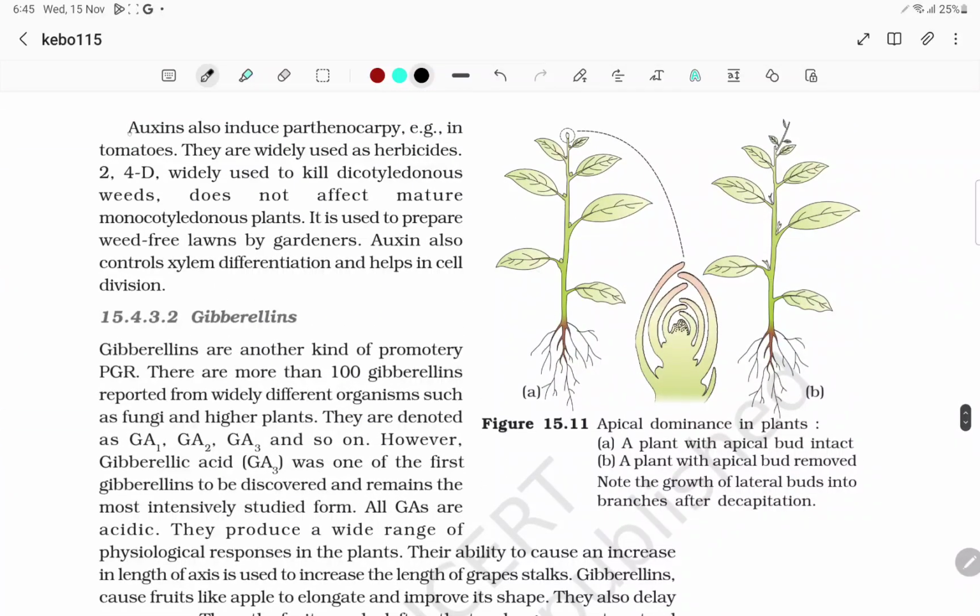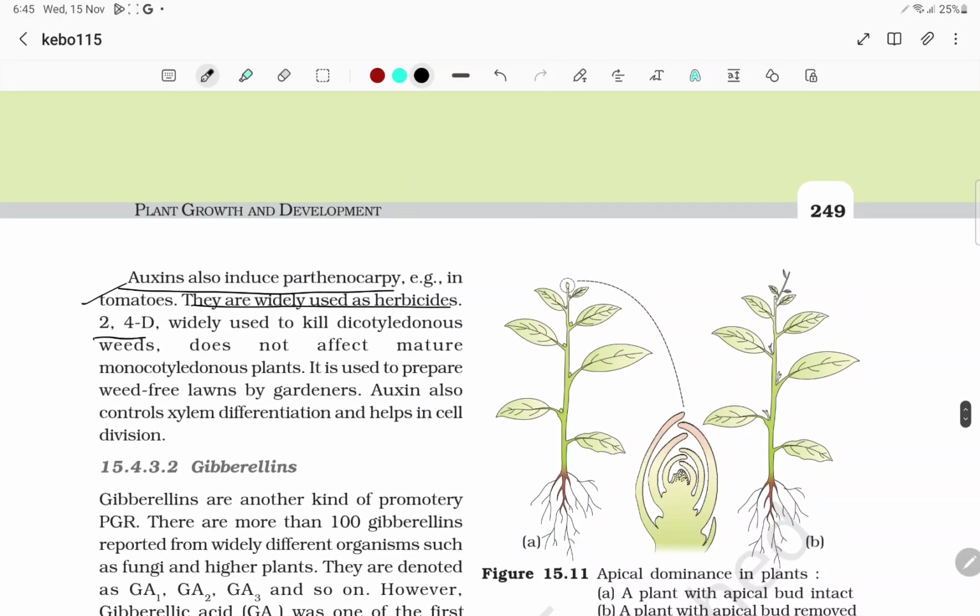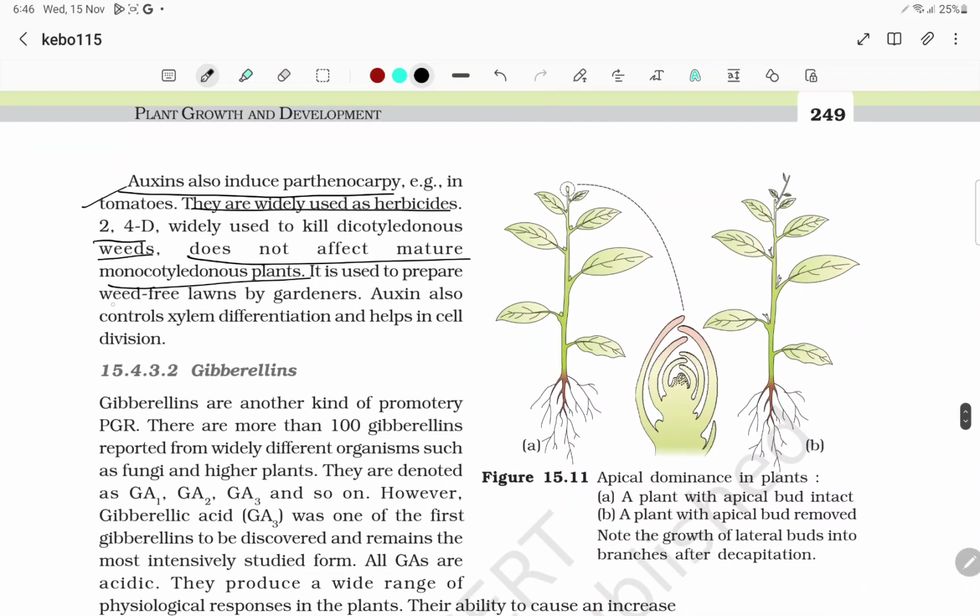Auxins also induce parthenocarpy, for example in tomatoes. They are widely used as herbicides for killing weeds. 2,4-D, 2,4-dichlorophenoxyacetic acid, is used to kill dicotyledonous weeds and does not affect mature monocotyledonous plants. It is used to prepare weed-free lawns by gardeners.